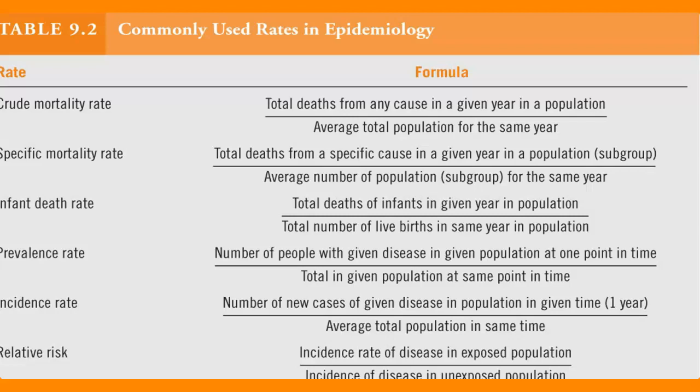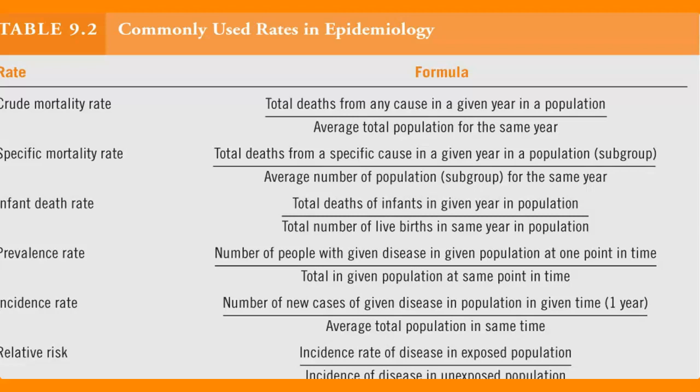Okay. Here are a couple other examples of commonly used rates in epidemiology. This is right from your textbook, table 9.1. So you can look at the formula, for example. Total deaths from any causes in a given year in a population, so that's the mortality rate.